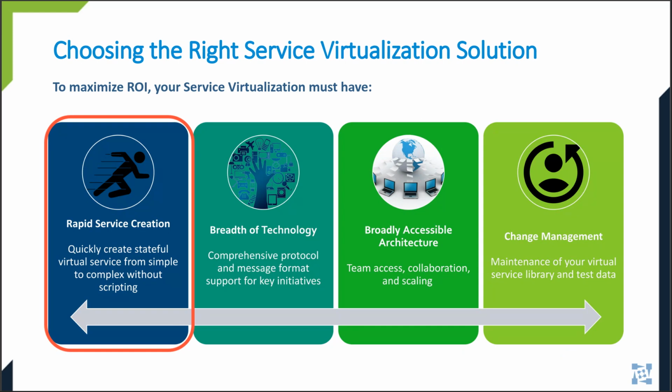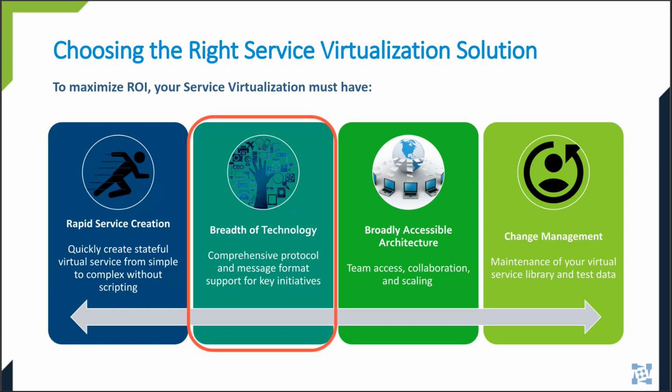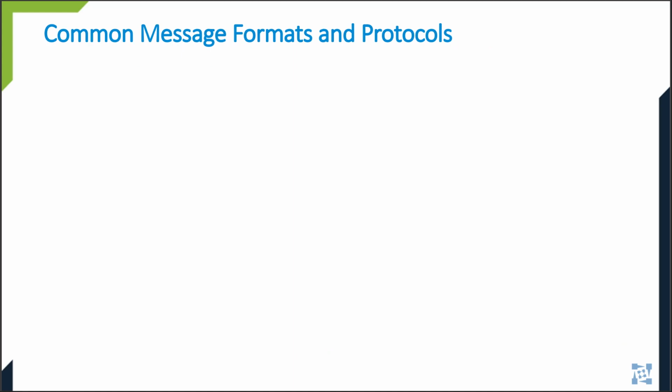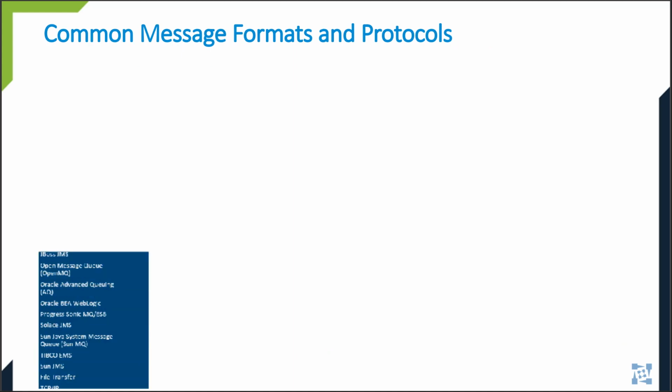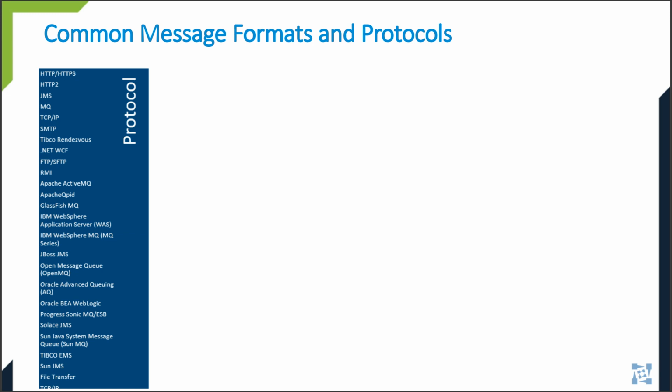That actually brings us to breadth of technology, right? So what is breadth of technology? Well, there's a lot of stuff out there. There are a lot of common protocols like HTTP, MQ, TCP, FTP. But at the end of the day, your service virtualization solution should not care about what type of protocols you're using.